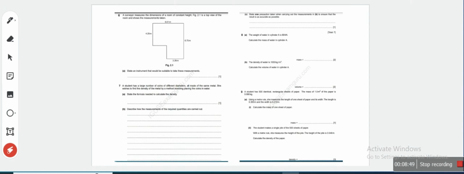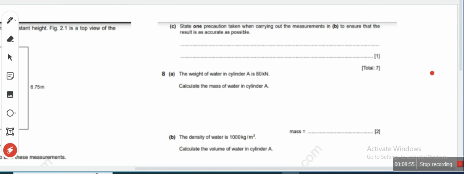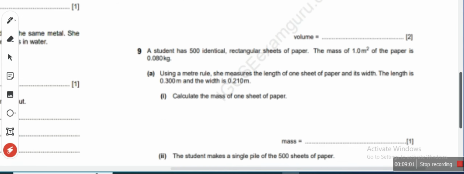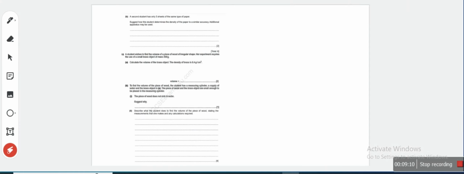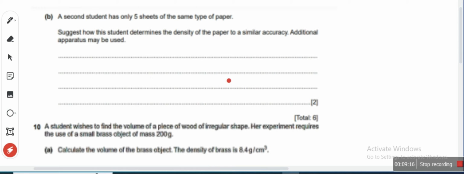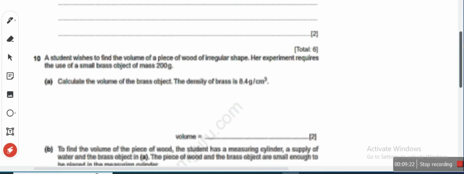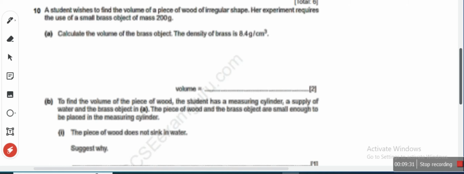Remember where 9 started from? This is where 9 started from, and this is the continuation of 9. And then of course you have 10.